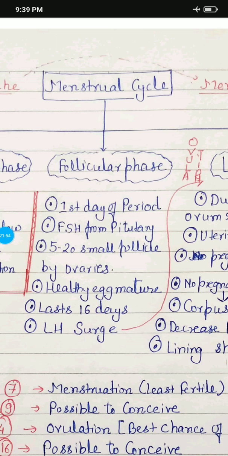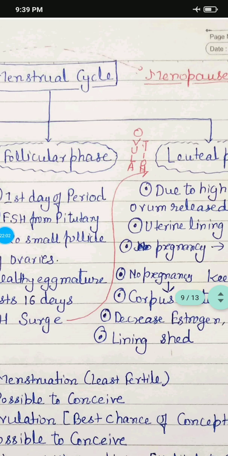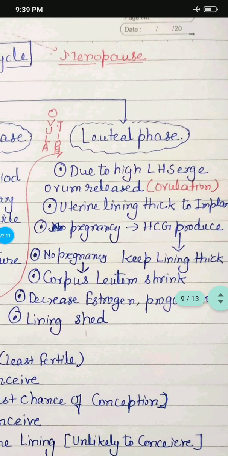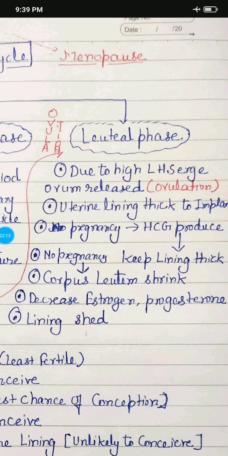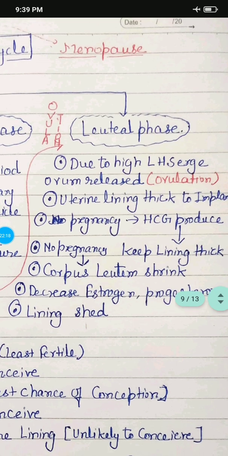At this time, there is an LH surge. Luteinizing hormone is secreted at the top level, and here ovulation will happen. The Graafian follicle bursts and releases the ovum, and this goes to the luteal phase. Now this luteal phase is because of the LH surge due to the ovum released. The uterus lining becomes thick to implant. Pregnancy will happen, and pregnancy increases HCG production.